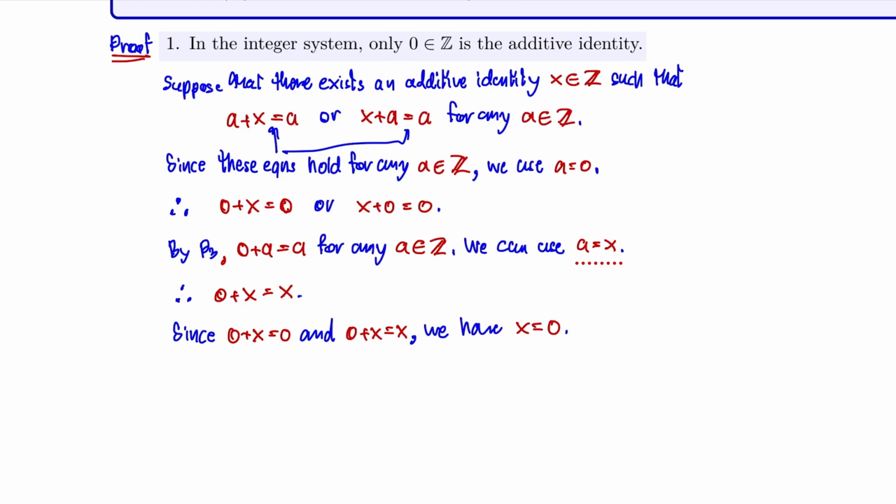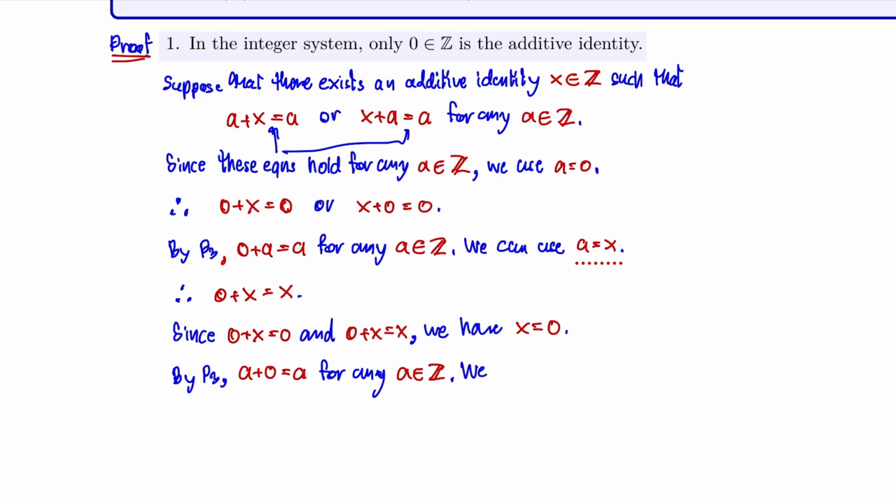Now, we can also use this equation to show that x equals 0. Again, I gotta use the third property. So we gotta have a plus 0 equal to a, for any integer a.